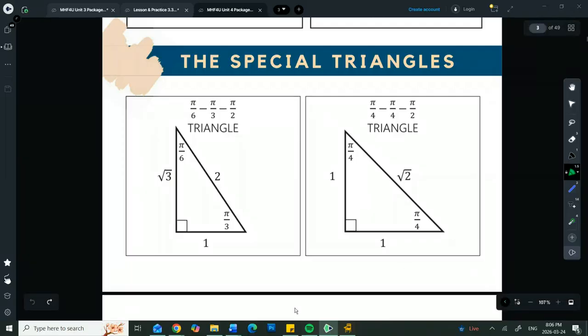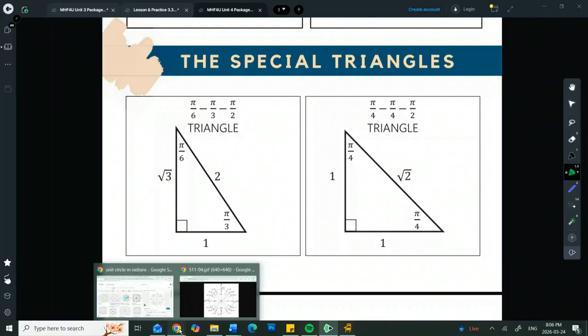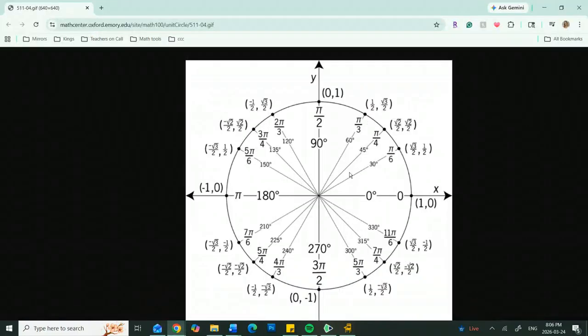The other thing that we went over in the radian measure lesson is the unit circle. So the unit circle shows us how the degrees and the radians here are related. So here we can see, for instance, that 30 is pi over 6 radians, 60 is pi over 3, and so on.